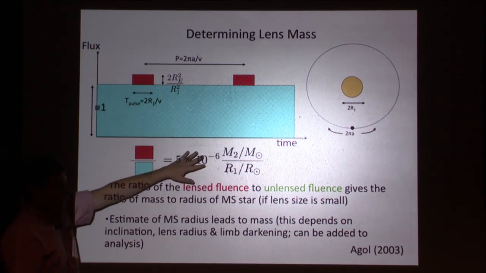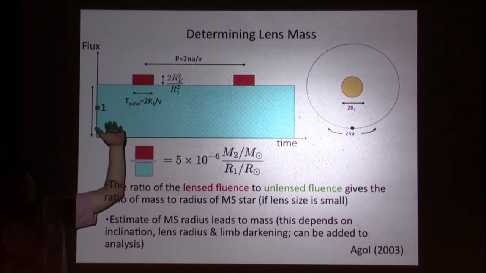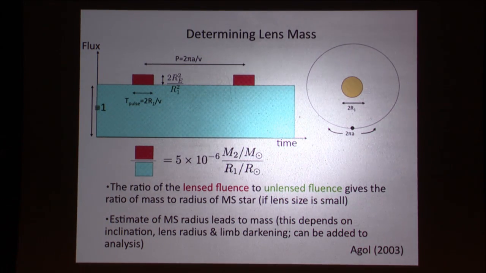And then there's a factor of order unity if it's not a zero impact parameter. You have to correct for that. So this gives you a way to measure the mass of the white dwarf. There's also a factor that's caused by the occultation of the white dwarf, but that's small in this case.